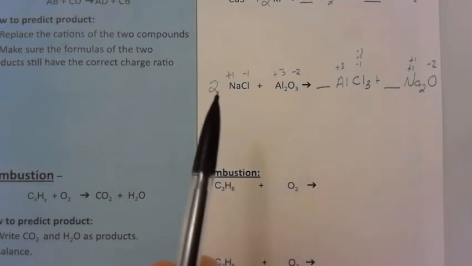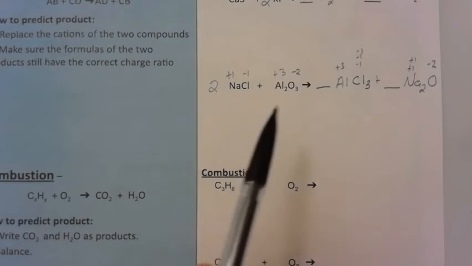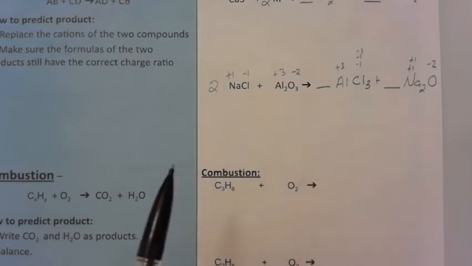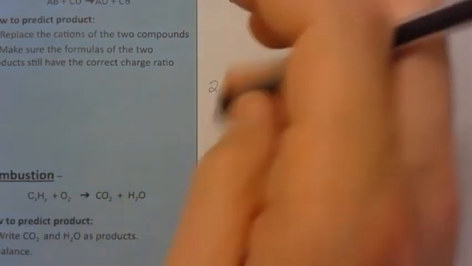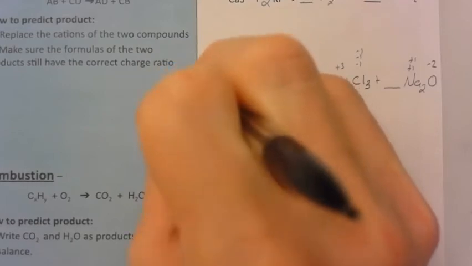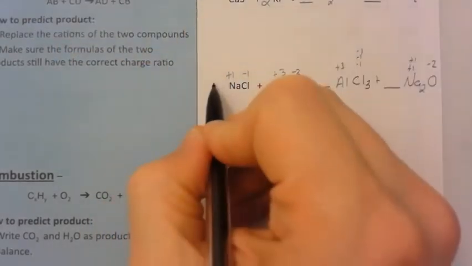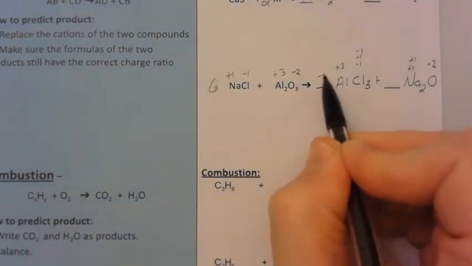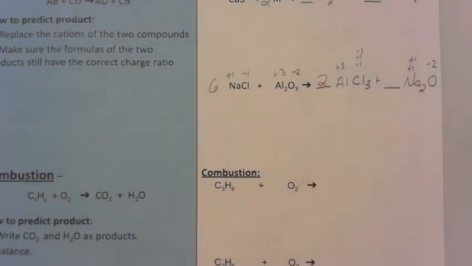So we need to change this coefficient so that our chlorine count can get to a total of about 6. Right? So we're going to adjust this chlorine and make it to a multiple of 6. And we're going to adjust this chlorine with a coefficient of 2 to give it a multiple of 6.